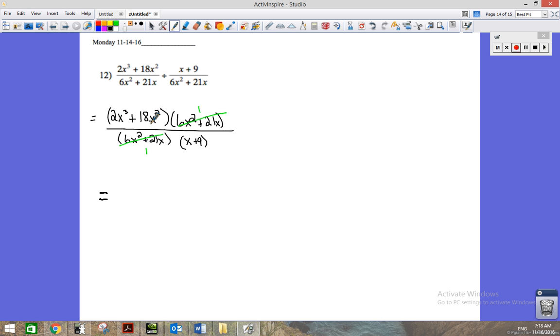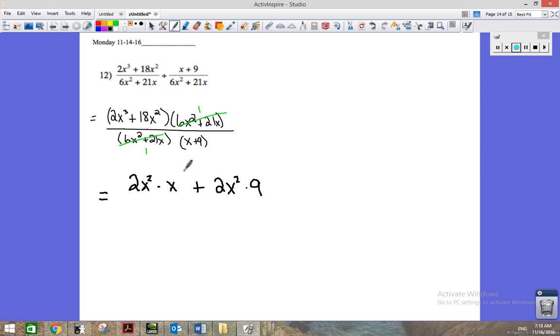Can we rewrite these in such a way that we can identify what's common to both terms? Well, we have an x squared here, so I can rewrite the x cubed as x squared times x. And I can rewrite the 18 as 9 times 2, so I've got 2x squared, and then I have to multiply it by 9 to get the 18.